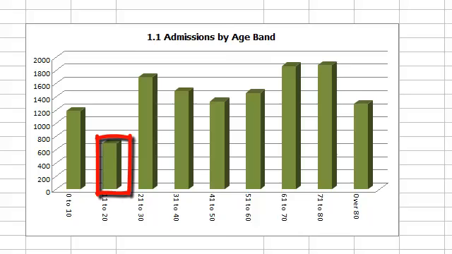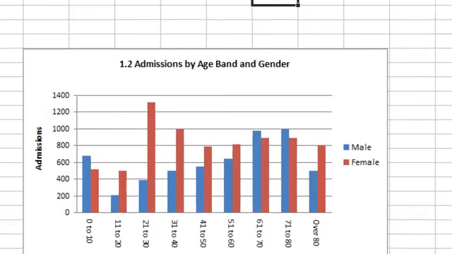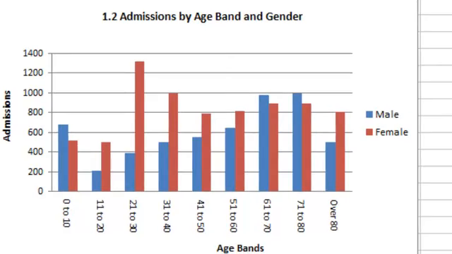Bar charts can also be used to represent data with multiple variables, as illustrated by graph 1.2. Bar chart 1.2 is similar to bar chart 1.1, but has an addition of the second variable, gender. This allows the reader to draw conclusions about not only age bands and admissions, but also combinations of age bands and gender against admissions.